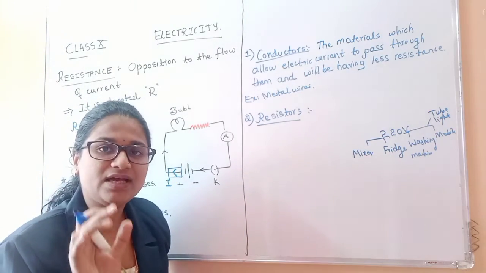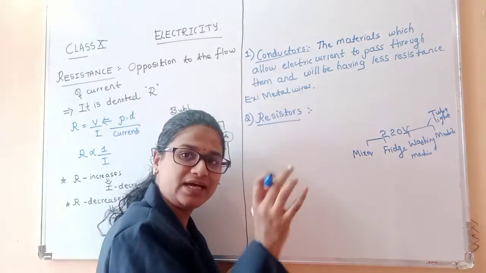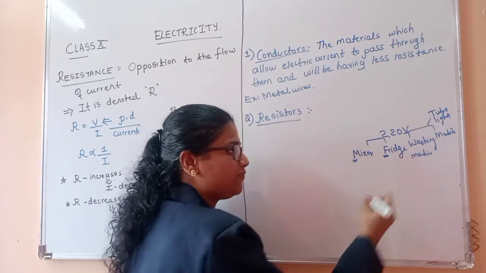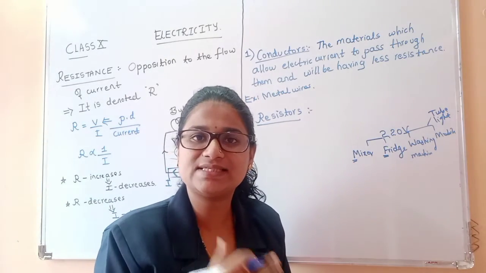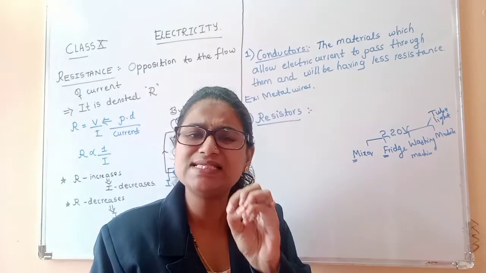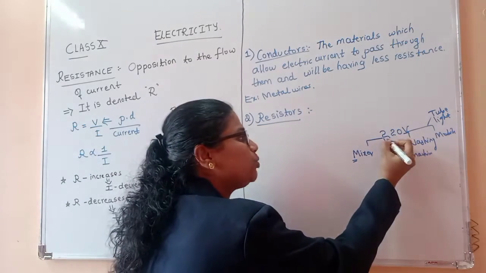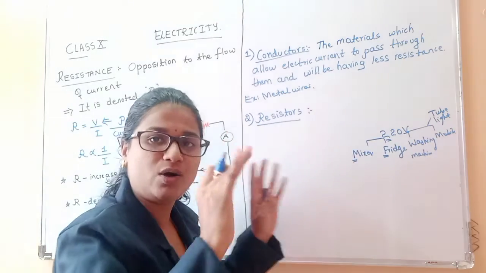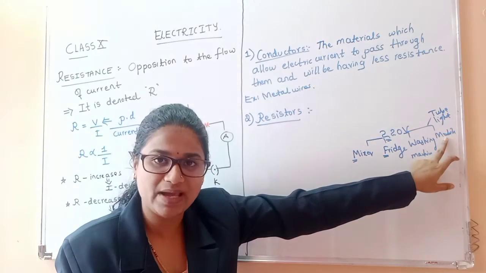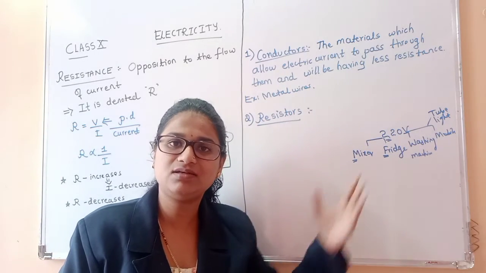But the voltage or current required for the mixer, for the fridge, for each electrical appliance differs. For mobile charging and tube light, I need a very small amount of current. So if the full 220 volt comes directly to a wire attached to a mobile charger, what will happen to the mobile and the tube light?